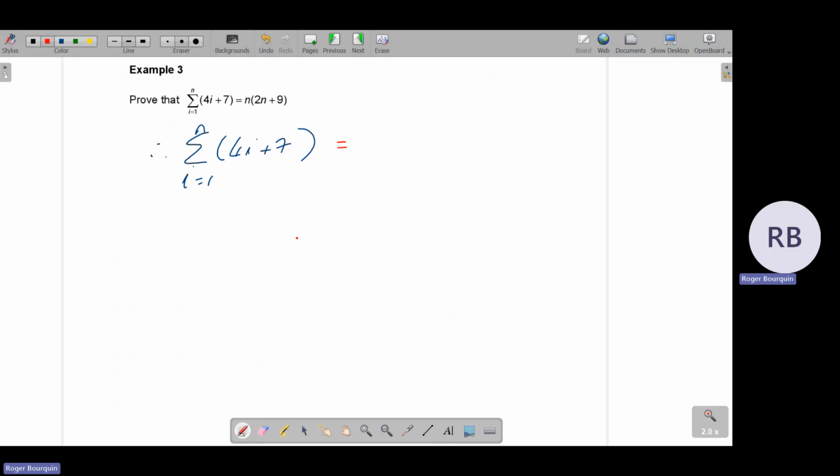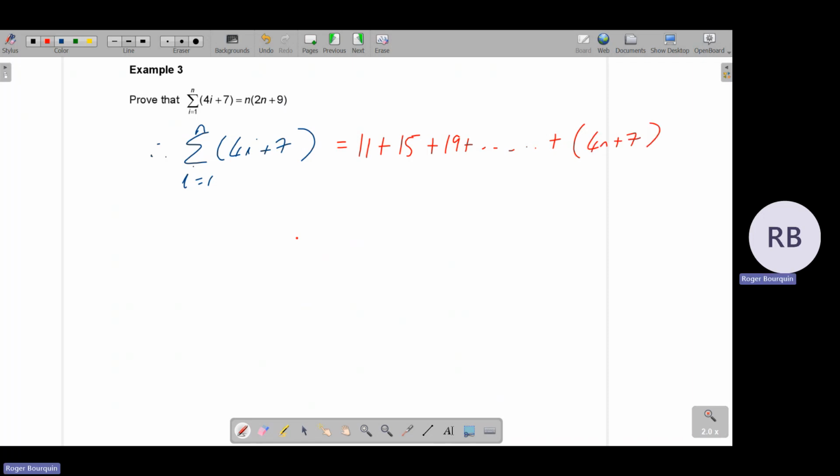What have you got here? First term is going to be 11, right? Next one's going up in 4s: plus 15, plus 19, plus dot, dot, dot. And so what's the last term? 4n plus 7, right?